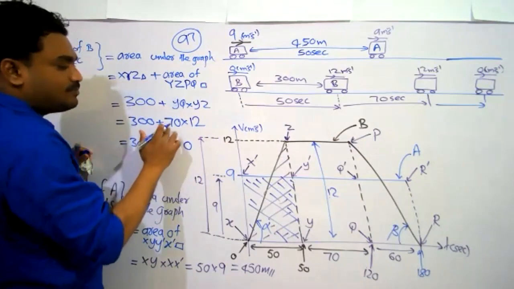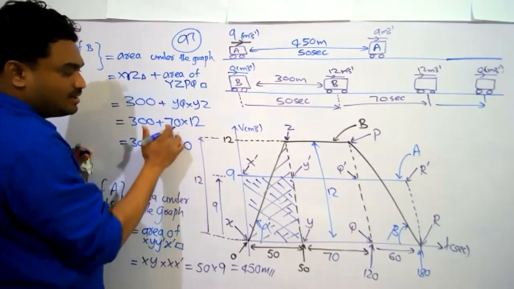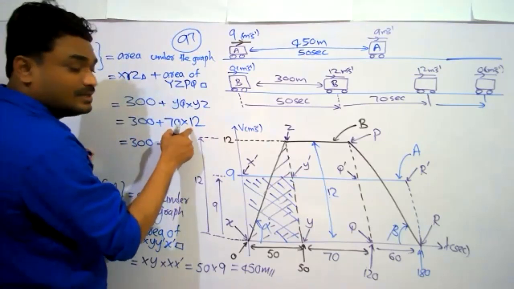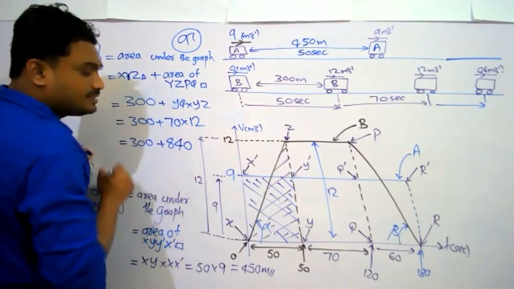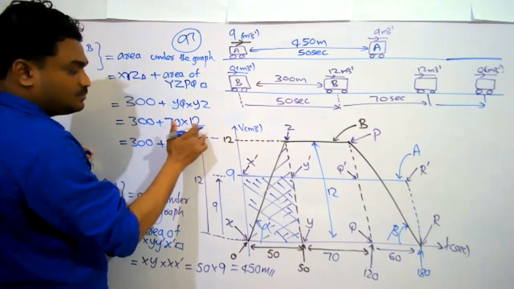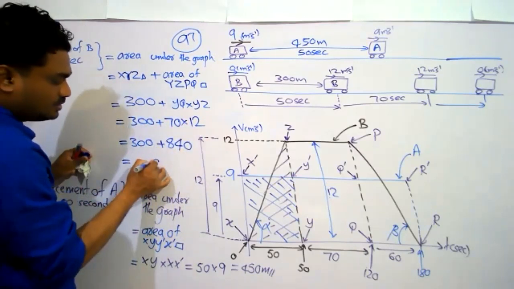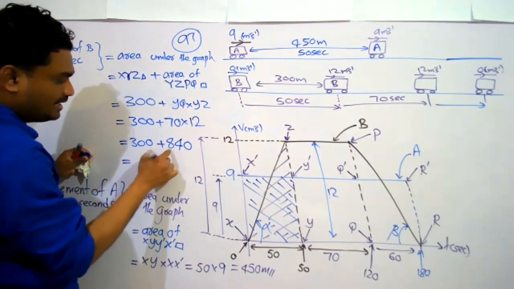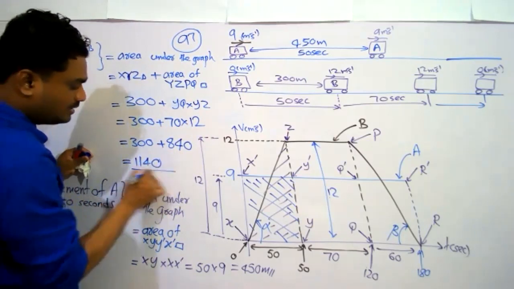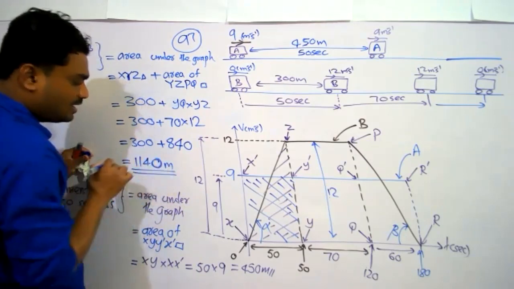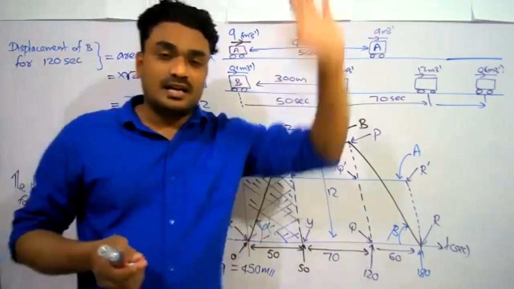Just write the 0 here and multiply by 57. Working through the multiplication, the result is 1140 meters. So 1140 meters. Who got this answer?